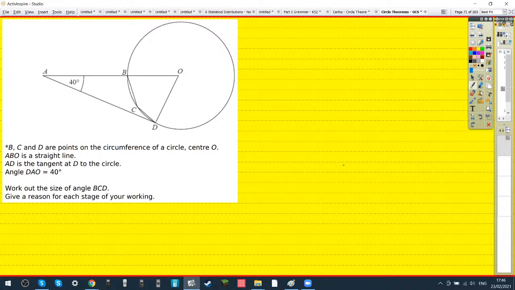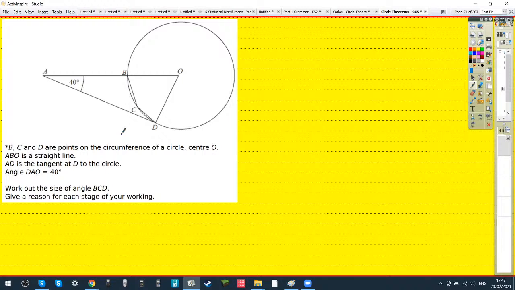Find the angle of BCD. So I need to find out what angle C is. Angle A is 40 degrees.